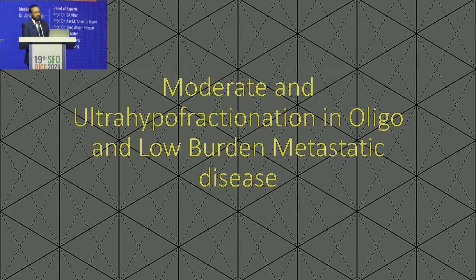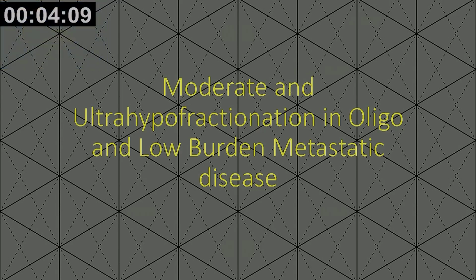I want to take you to something a little bit different, which is oligometastatic or low burden metastatic prostate cancer, where we all know about oligometastasis. We are treating, there are lots of data, but we have been a little bit brave in Oman and moved to low burden metastatic disease, and there is a very recent PEACE 1 trial showing there is an advantage of giving radiation.